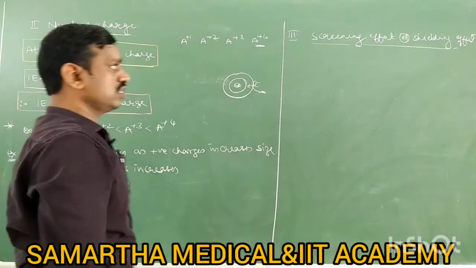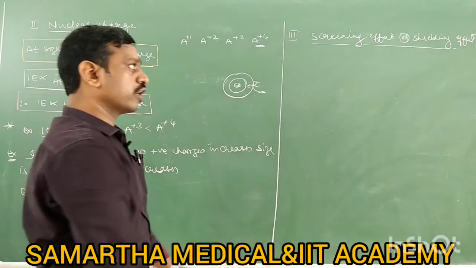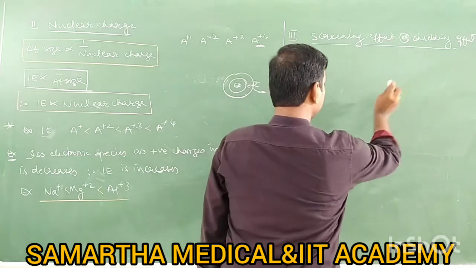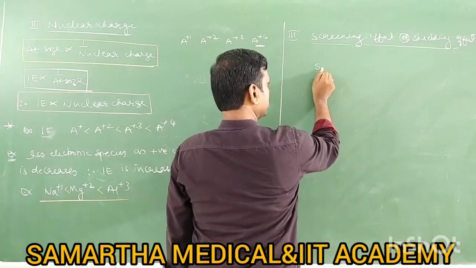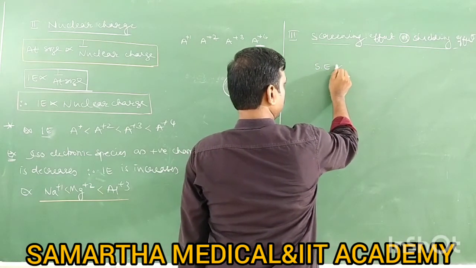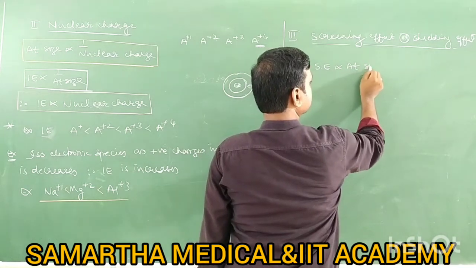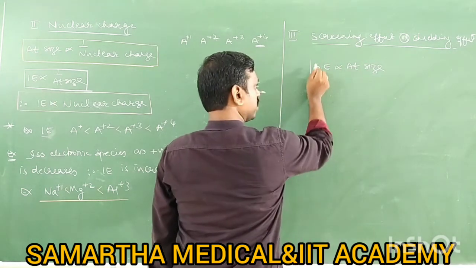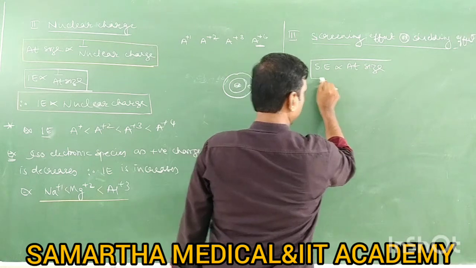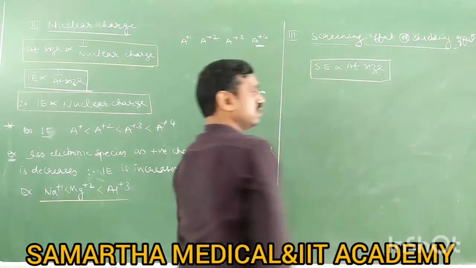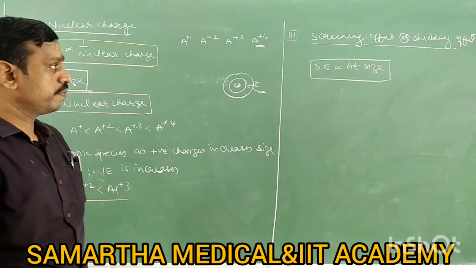We studied what the screening effect, or shielding effect, is in the atomic structure topic, but here remember that screening effect is directly proportional to atomic size. When screening effect increases, atomic size increases. This is a basic relation.